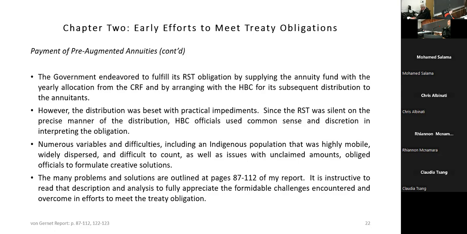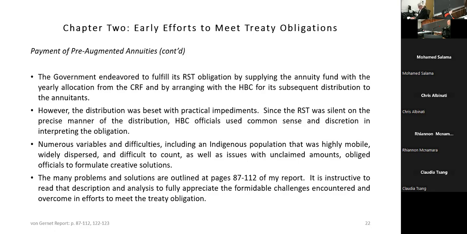And so the annuities from year to year were also very complicated. In some years they received very large amounts because there were amounts accumulated in the annuity fund which had to be distributed. And so decisions had to be made as to how to distribute those.